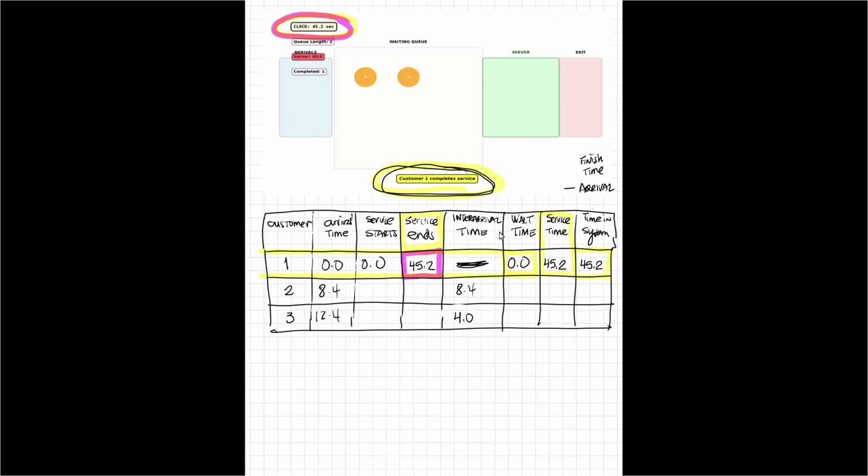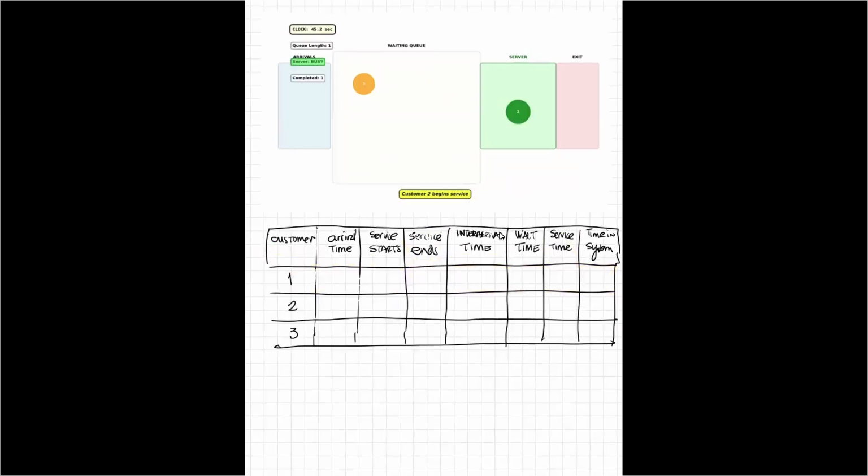Remember what happens? Service is about to start for customer number 2. There we go. I'd like to show you customer number 2 happily being served. So the waiting line is only customer number 3. That's it. Okay.